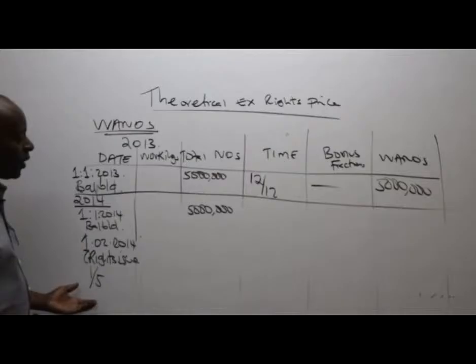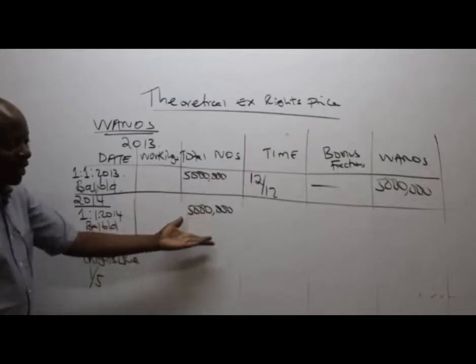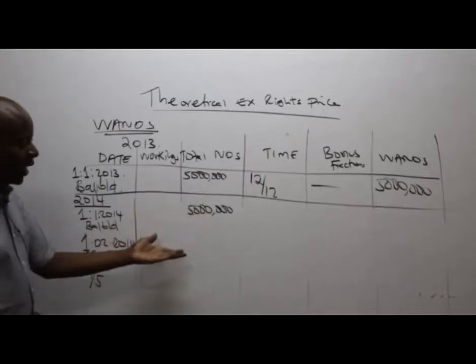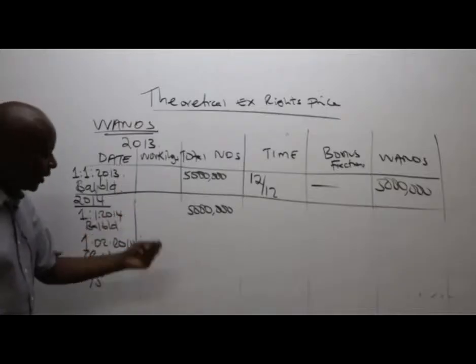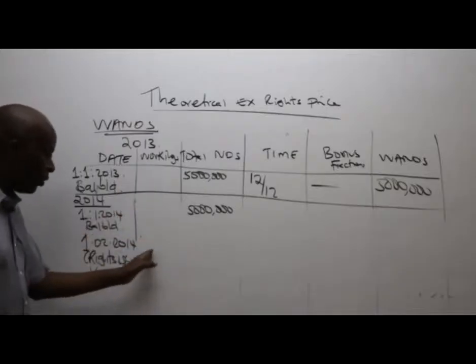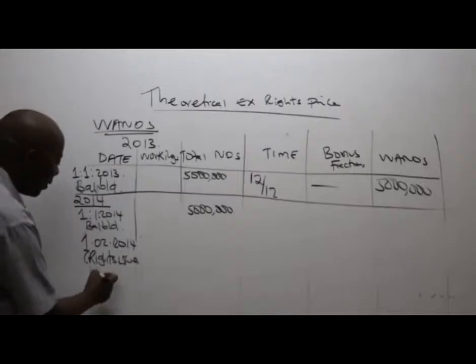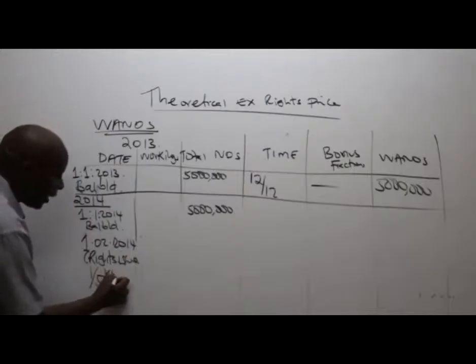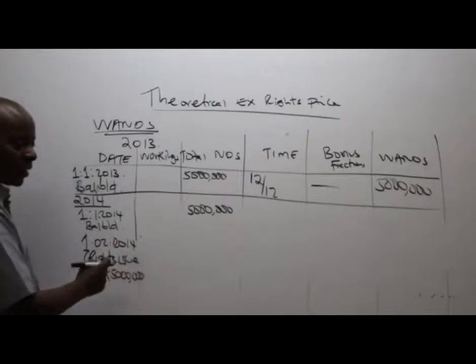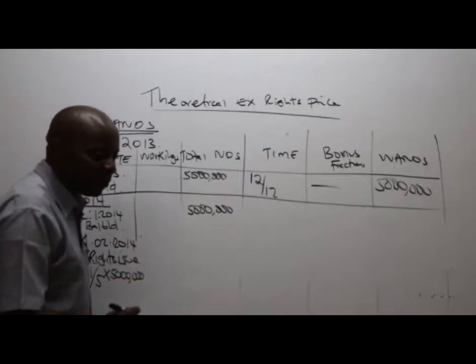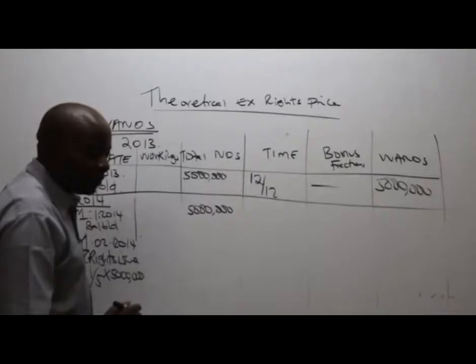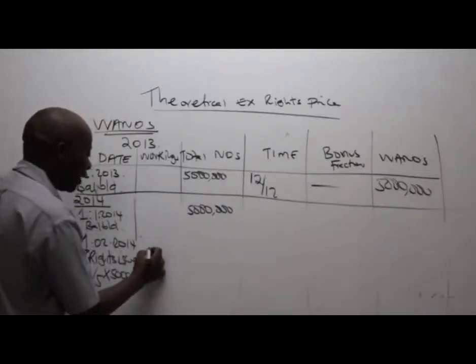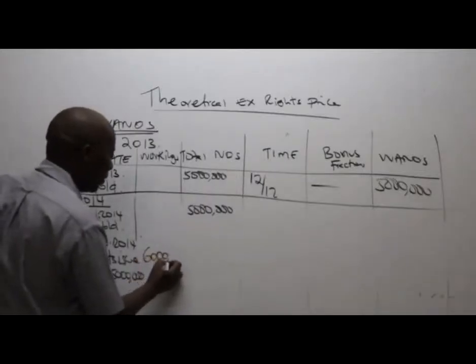We shall take 1/5 of the number of shares we had outstanding. If you wish, you can use this column for workings, but if I'm the one doing this, I'll take 1/5 of 5 million, which gives me how many shares here, somebody? 1 million shares.